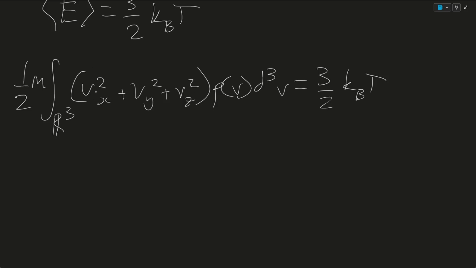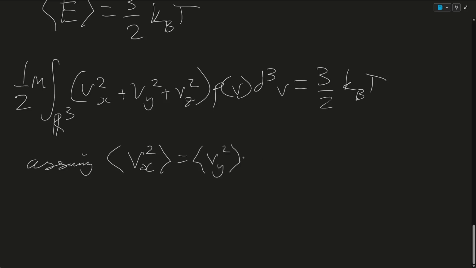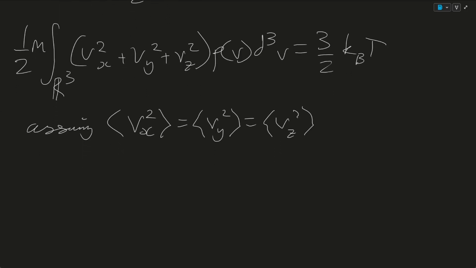And so we can assume that, because we're lazy physicists, the averages of vx squared, vy squared and vz squared are equal.